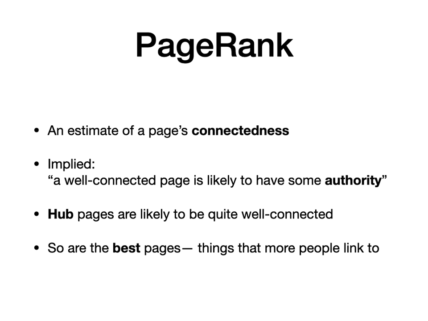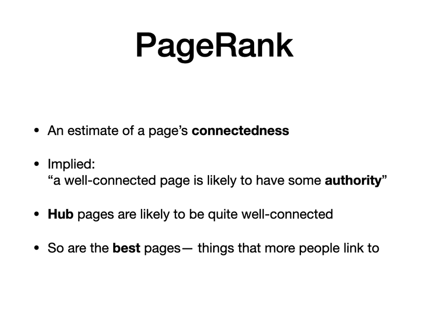That's not to say everyone isn't allowed to have their own website, of course, but the idea with PageRank is that the more things that point at each other, the more we think, okay, these are being pointed at for a reason, right? Hub pages, we've talked about briefly before, are going to be super well connected, and therefore are the best pages, the things that more people will link to.